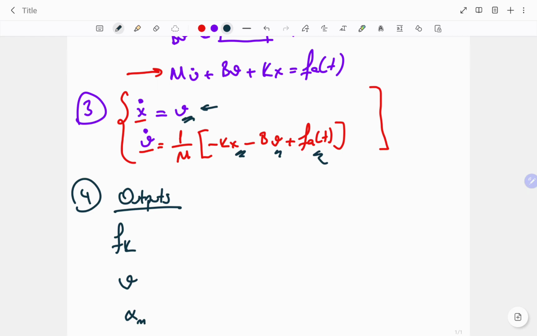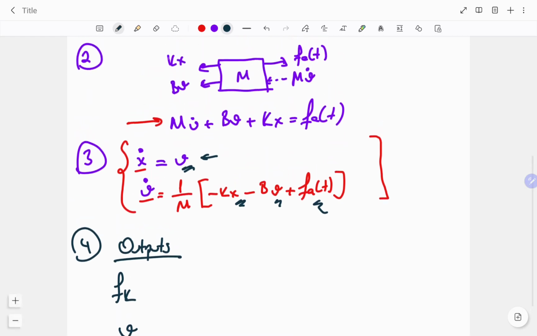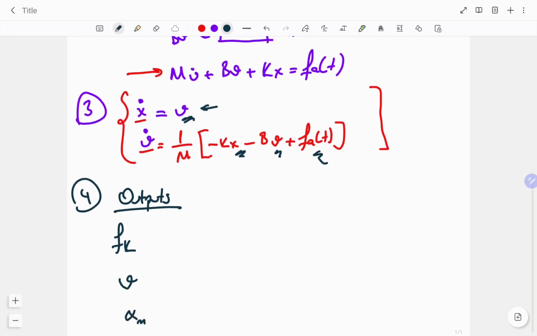So for Fk, we wrote the spring force expression previously. It is k times x, spring constant times the displacement. The important point, again, is that we should check the right side of this output equation.